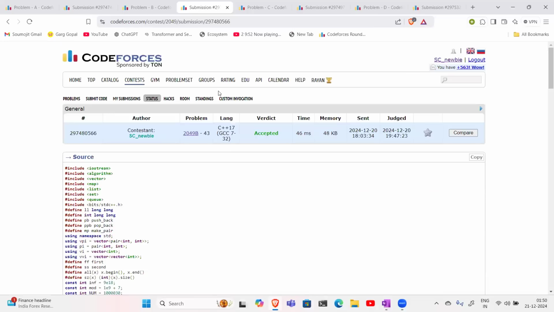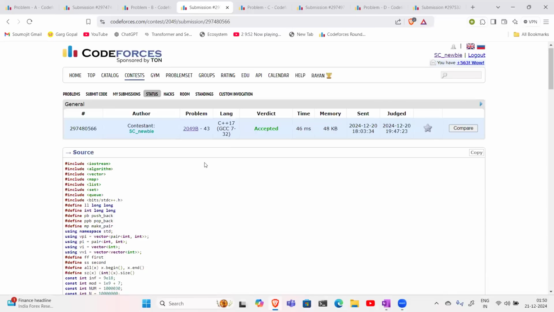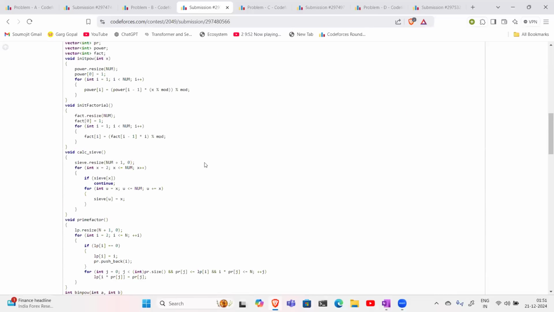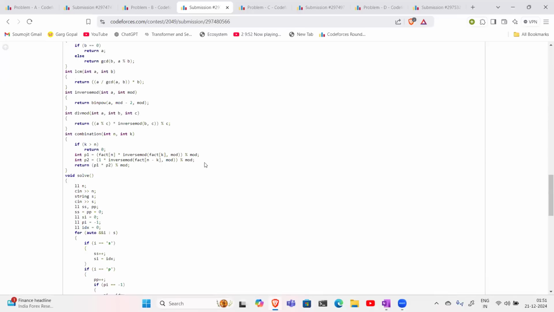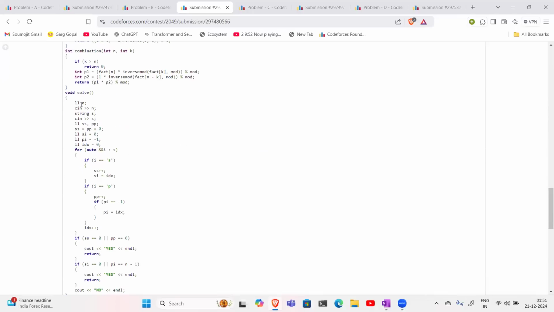So here is the code for the problem. First of all, I've taken the input as n, and I have taken the string as the input. Here I've marked two integers, ss and pp. ss indicates the frequency of s in the string, and pp indicates the frequency of p.